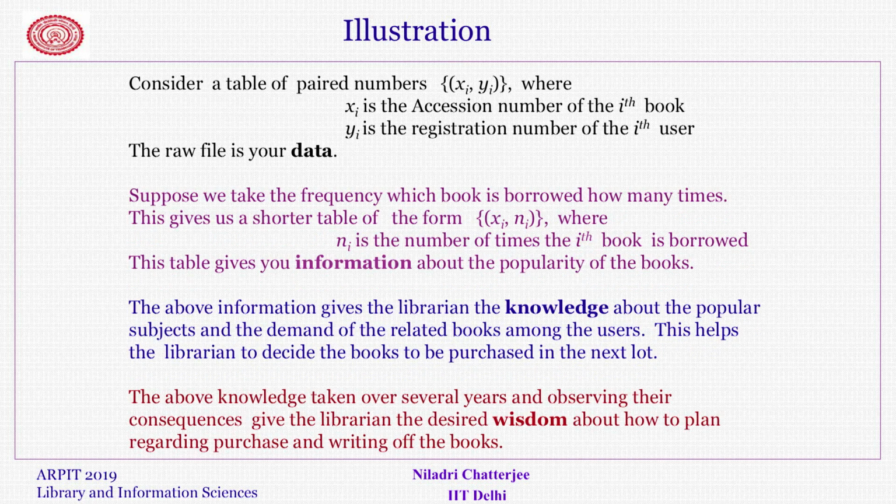And from the above knowledge, we can become wise in that domain, or in other words, it can give us the desired wisdom about how to plan regarding the purchase and writing of books for the future, what are the subjects that are becoming more pertinent in coming years, what are the subjects that are losing their steam with time. All this knowledge when we gather, we become wise in that domain.